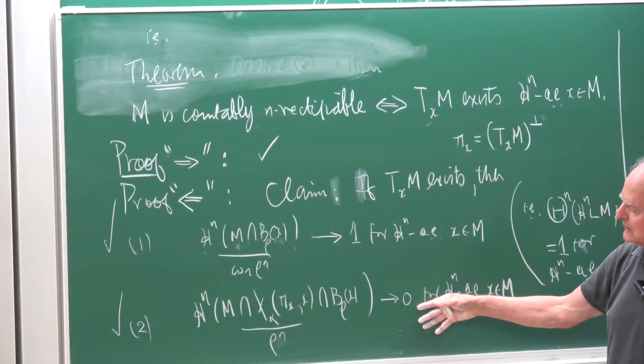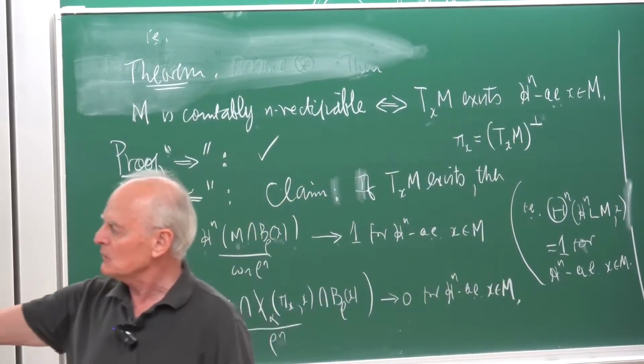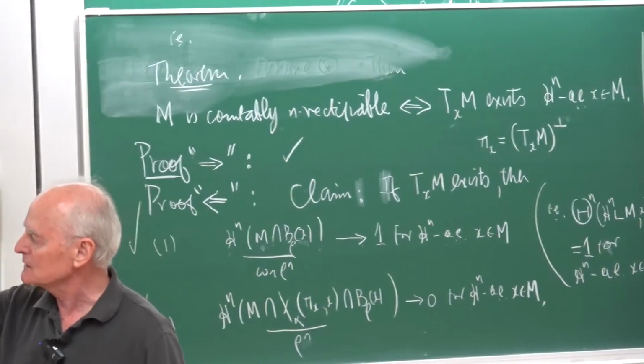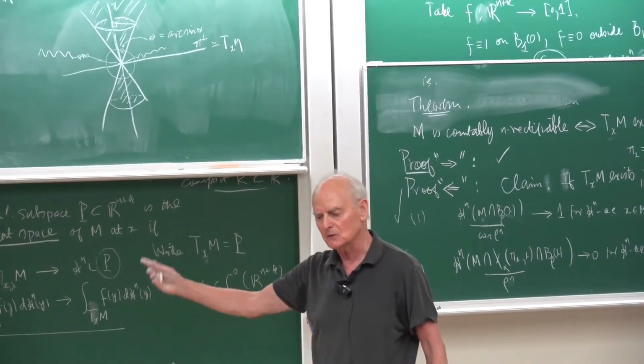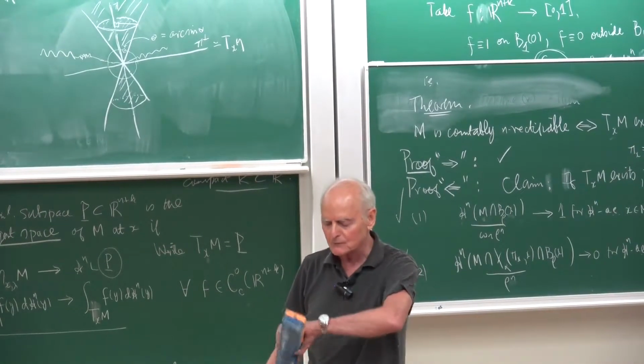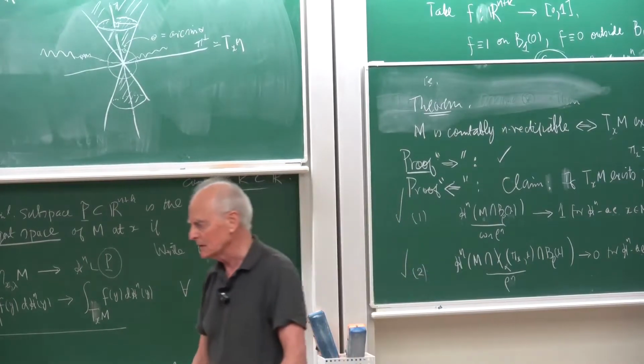It's still not at all clear how we're going to cook up these Lipschitz mappings, or alternatively these C1 submanifolds that appear in the definition of rectifiable set. So we still have a certain amount of work to do. So let's take a break, and I'll show you how to do this after.